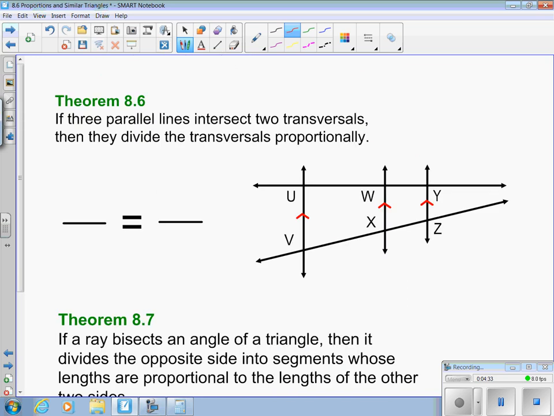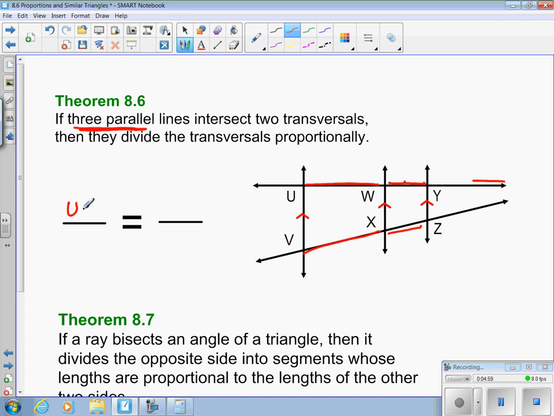The next theorem is basically the same thing, except we're not dealing with triangles. If you imagine extending these out, we're dealing with 3 parallel lines. But the same thing happens with 3 parallel lines or 4 parallel lines: the ratio of these segments is going to equal the ratio of these segments.